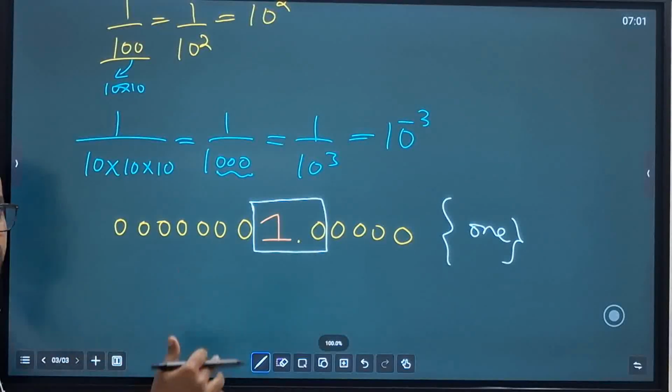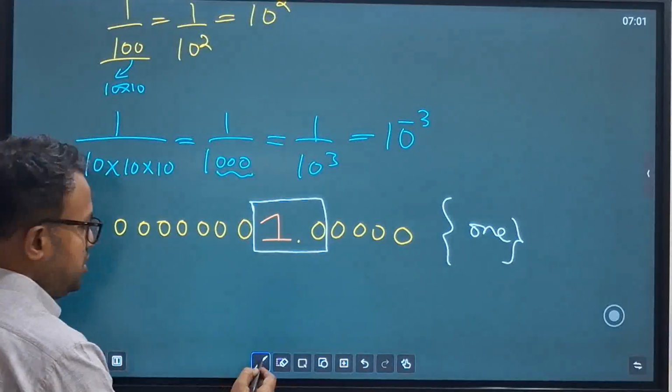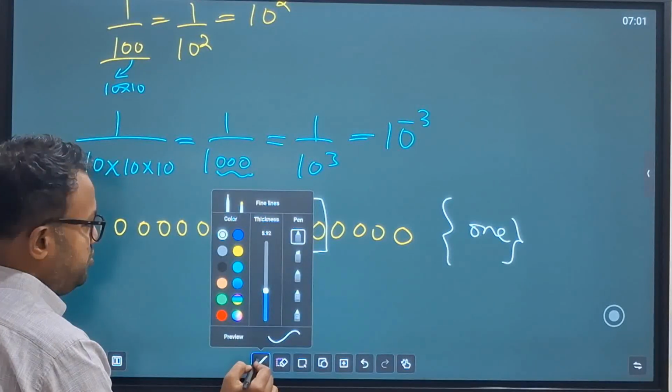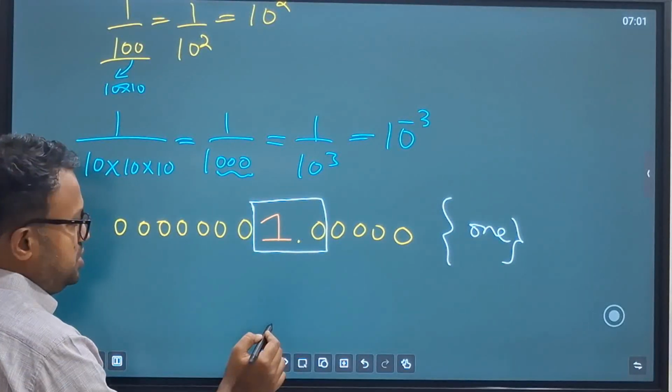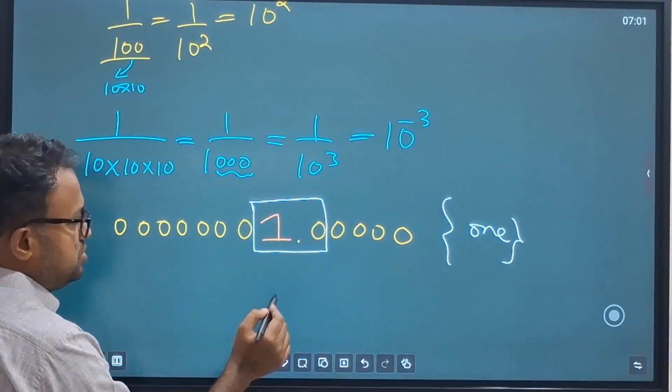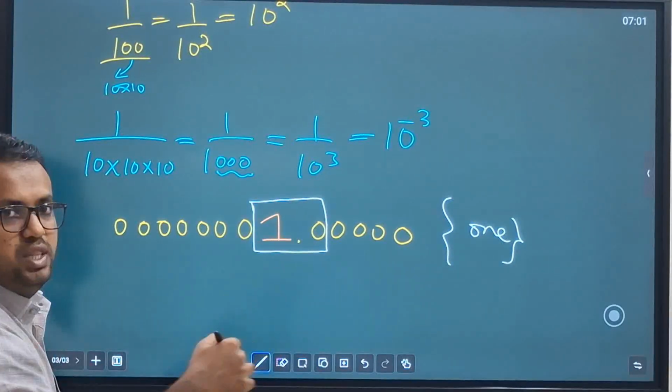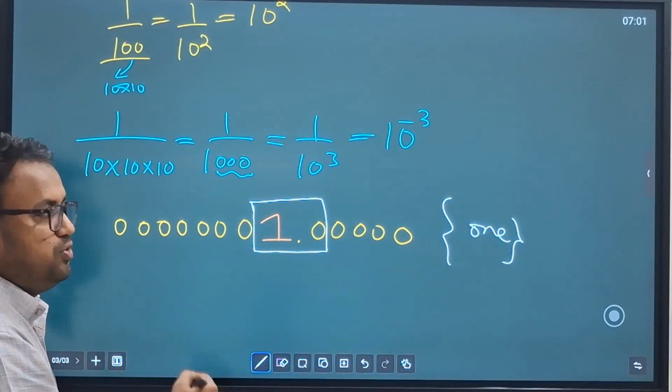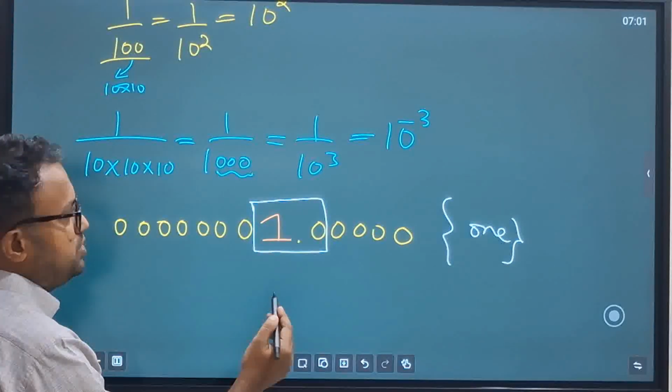So how do you write 10 power minus 3 from 1? You have to carefully shift the point. What is carefully shifting the point?